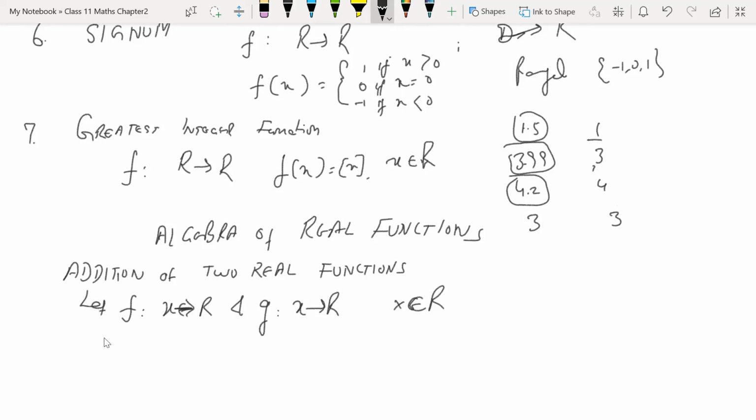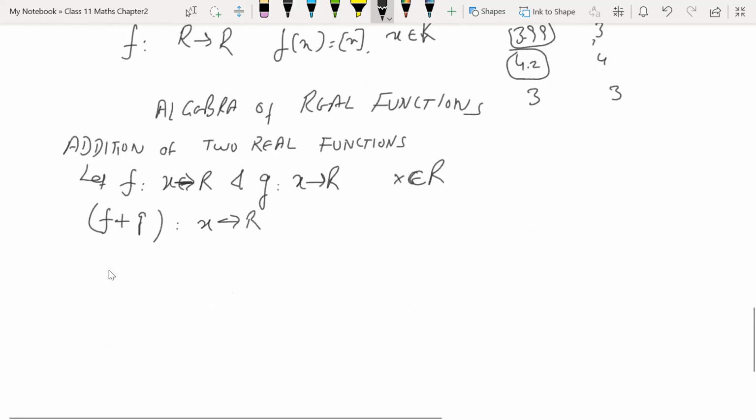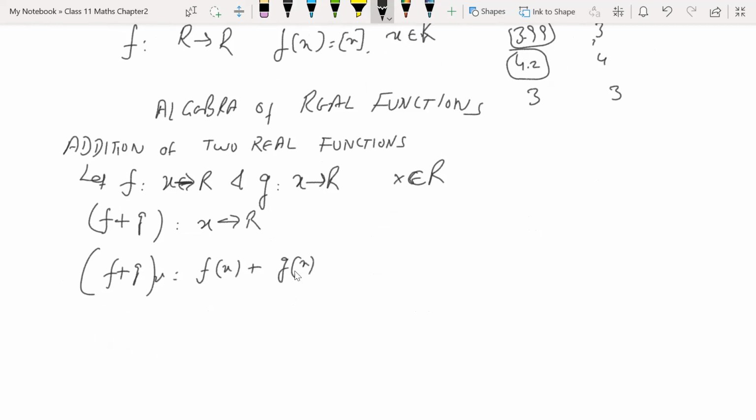We can define f plus g from X to R by (f + g)(x) = f(x) + g(x) for all x belonging to X.